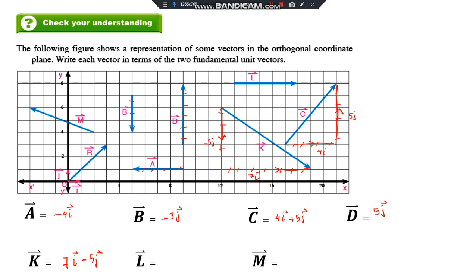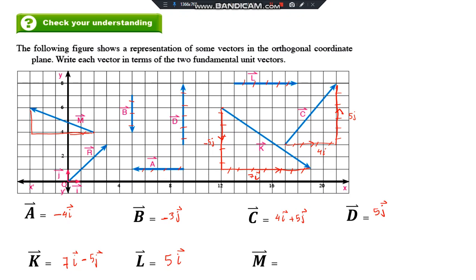And vector L in the positive direction, with magnitude 1, 2, 3, 4, 5, is represented by 5i. And the last one, vector M. This is the starting point. We move left, then we move up.